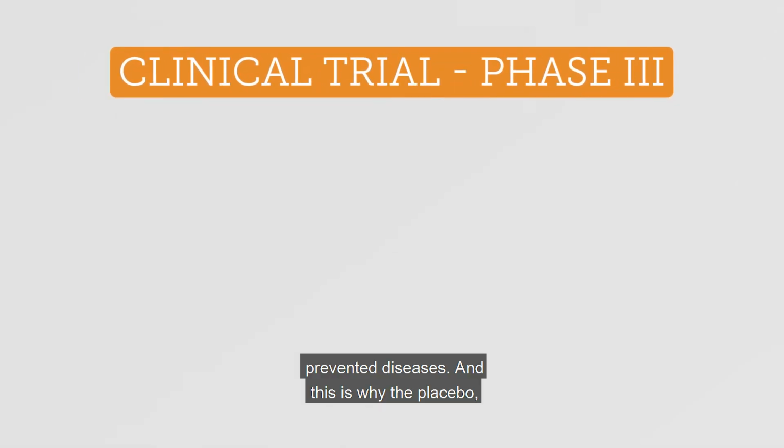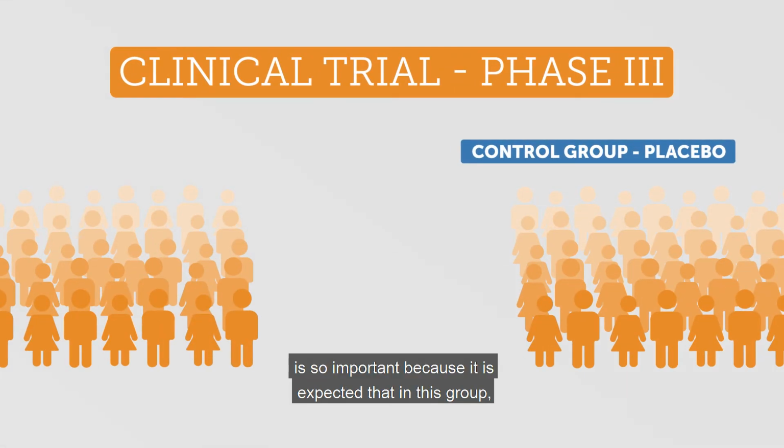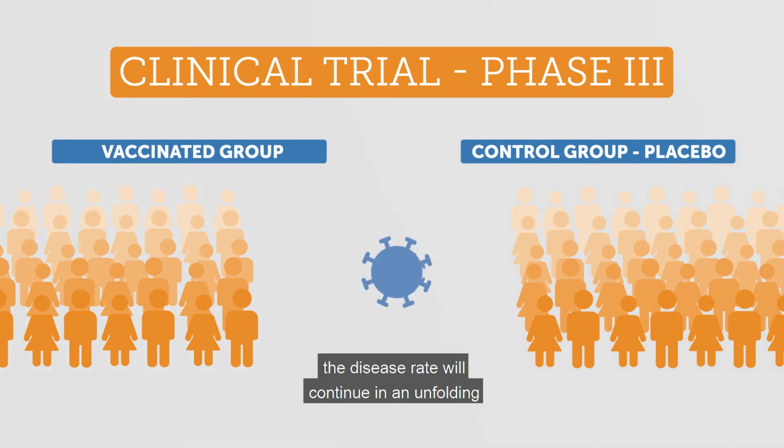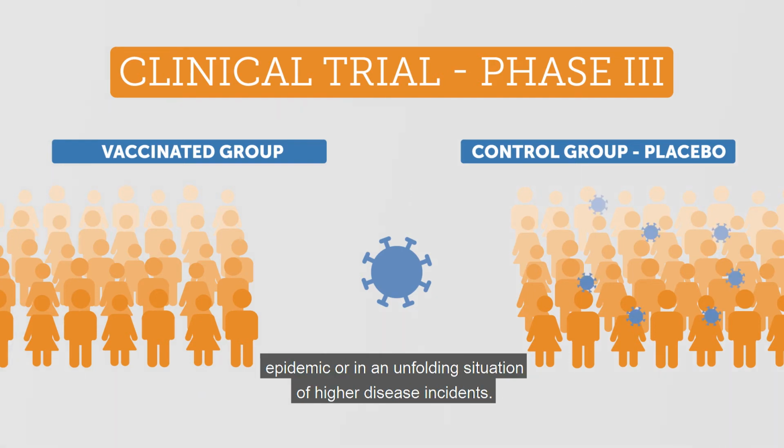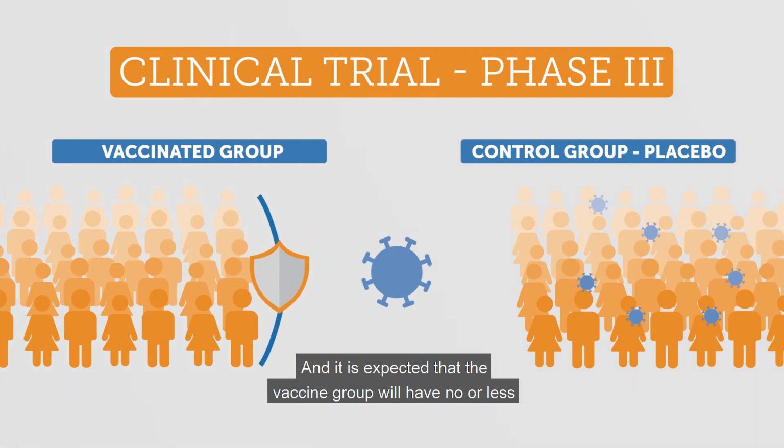And this is why the placebo or the control group is so important, because it is expected that in this group the disease rate will continue in an unfolding epidemic or in an unfolding situation of high disease incidence. And it is expected that the vaccine group will have no or less disease.